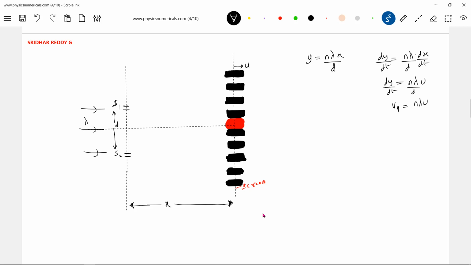Vy, I'll write it. So what is the state of the central maxima? Central maxima will be at rest.